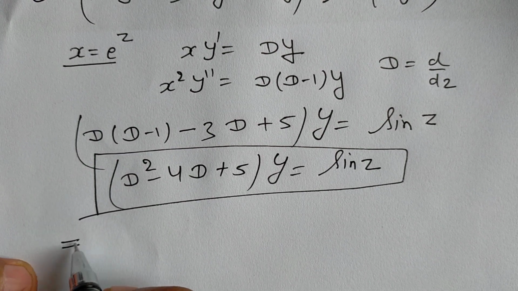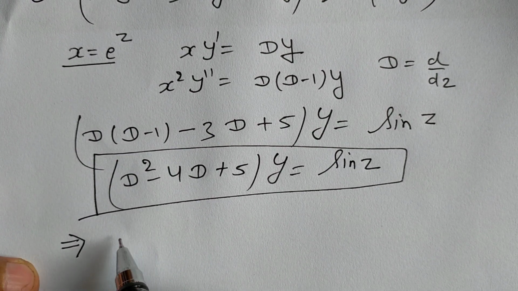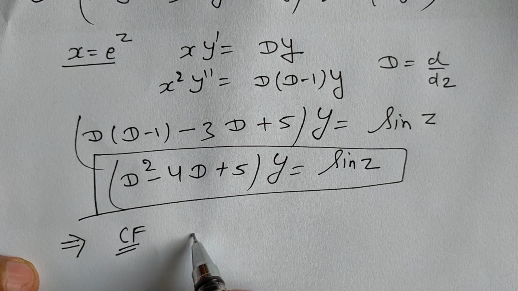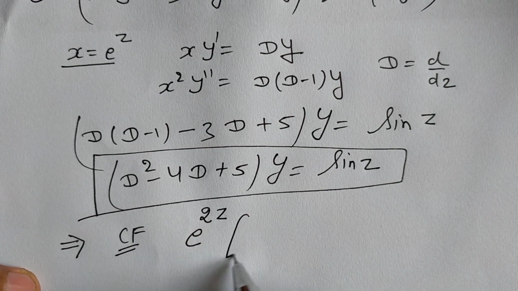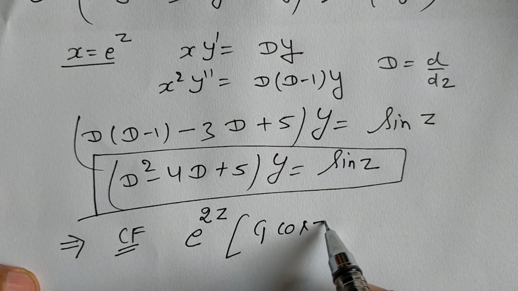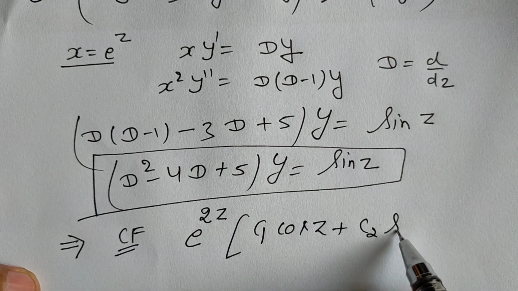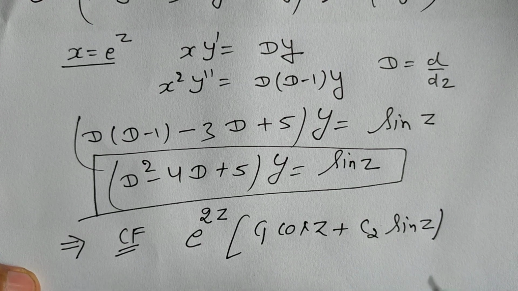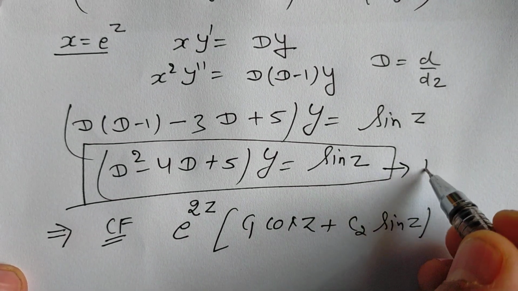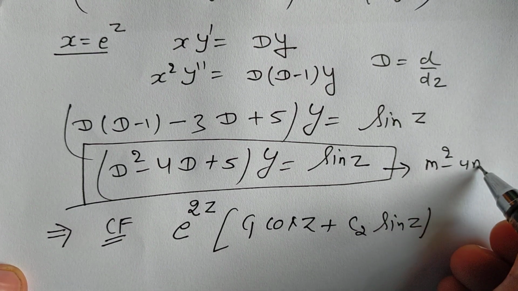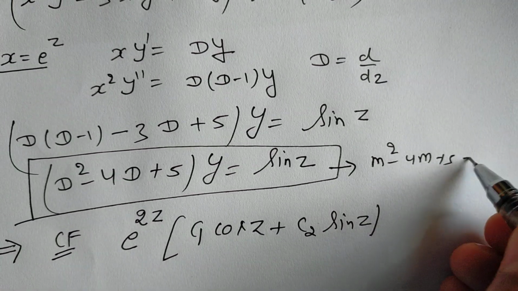Now we have complementary function CF will be e power 2z, c1 cos z plus c2 sin z, because we have the auxiliary equation m square minus 4m plus 5 equal to 0.